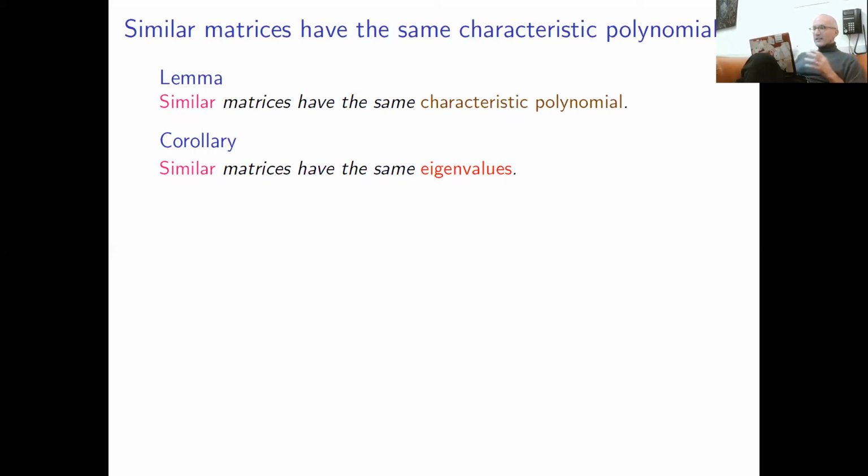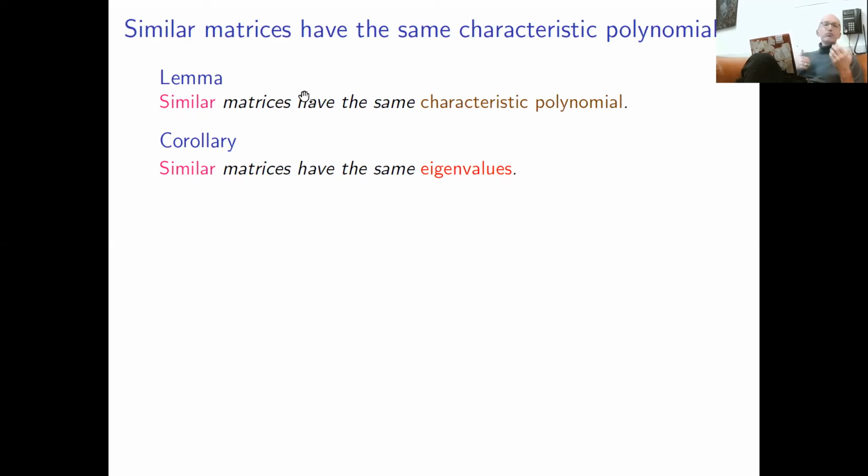Okay, this lemma is not very hard to prove, but you have to accurately write down the characteristic polynomial of two similar matrices using the definition, and you play around with them. You use the formula that the determinant of a product of matrices is a product of determinants, and you get this lemma.